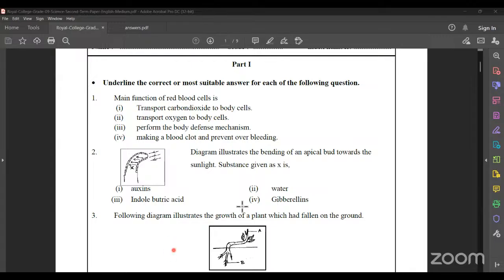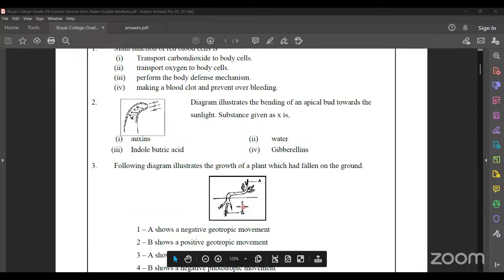Auxins. When we consider plant growth substances, there are 3 main substances. Do you have an idea about those 3 substances? Yeah, gibberellin, and cytokinin.